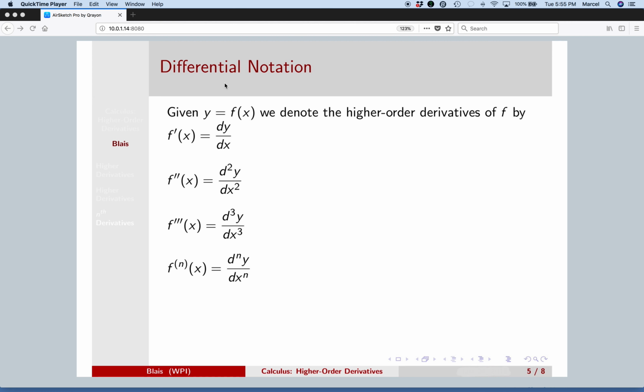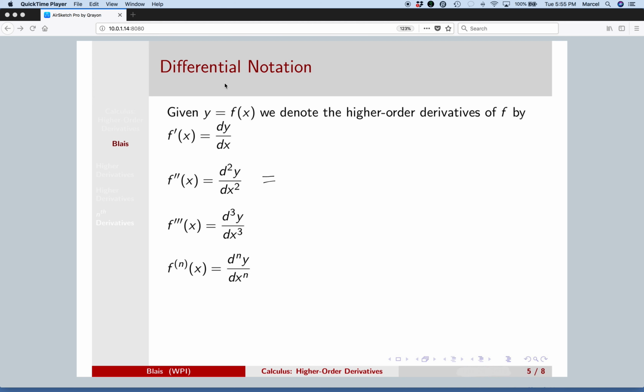Okay. Let's talk some more notation. When we introduce differential notation, we have another way of representing these derivatives. We're already used to writing dy dx for f prime of x when we have y equals f of x. The notation that we use for a second derivative is this, and you would read it d squared y dx squared.